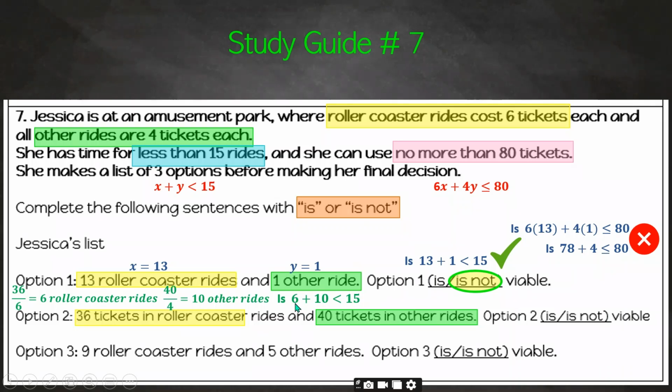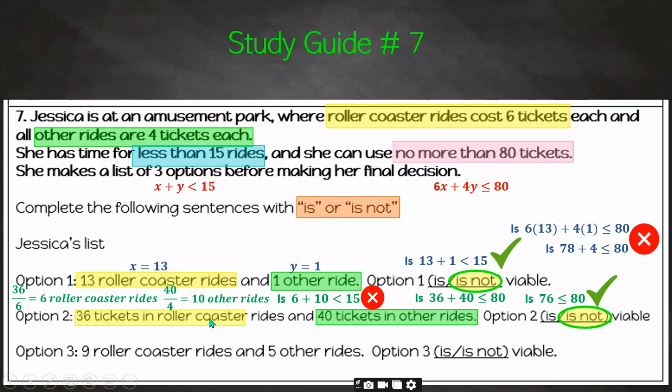So is 6 plus 10 less than 15? No, it is not. So this is not a viable option. Now, they're assuming you're just going to add the 36 plus 40, and yes, because that is less than 80, like we see here, they're thinking you as a student are going to make the mistake and think that that is a viable option. Don't fall into their trap.